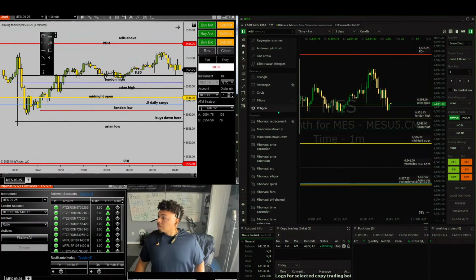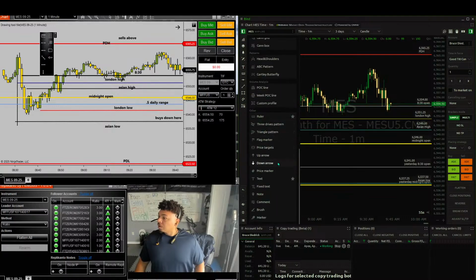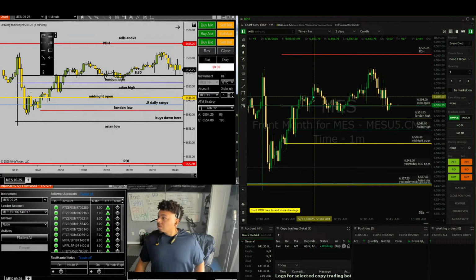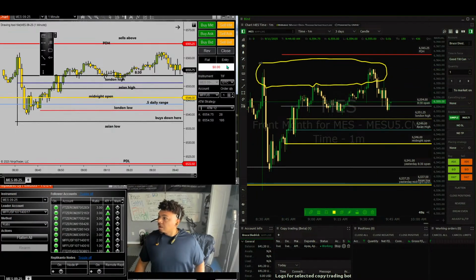Is there like a brush tool? Hold on one second. Brush. Okay. So I want to see these equal highs be ran. Let's see if those equal highs will be ran. I'm going to put a little text in there.